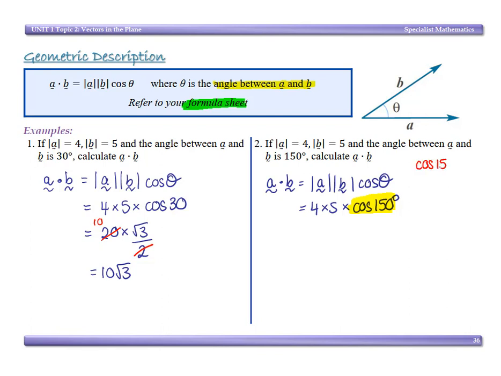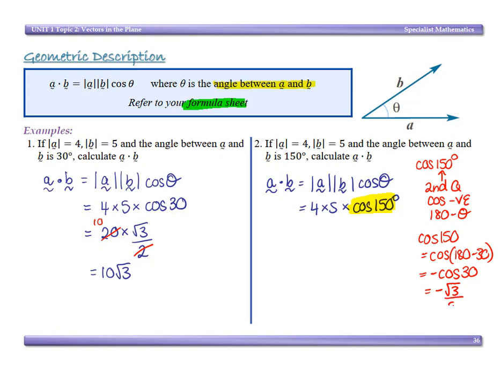So cos of 150 degrees, 150 degrees is in the second quadrant, so cos is negative, and in the second quadrant it's 180 minus theta. So cos of 150 can be written as cos of 180 minus 30, which is the same as negative cos of 30, and the exact value for cos of 30 is root 3 on 2.